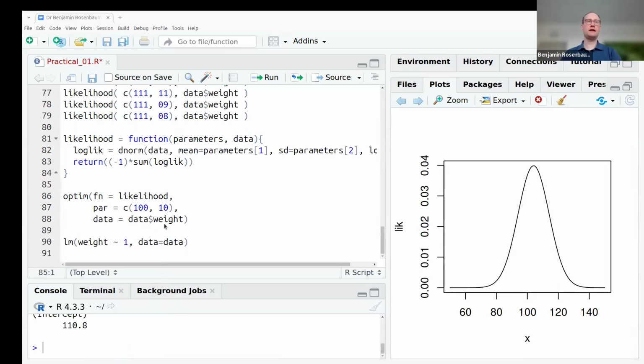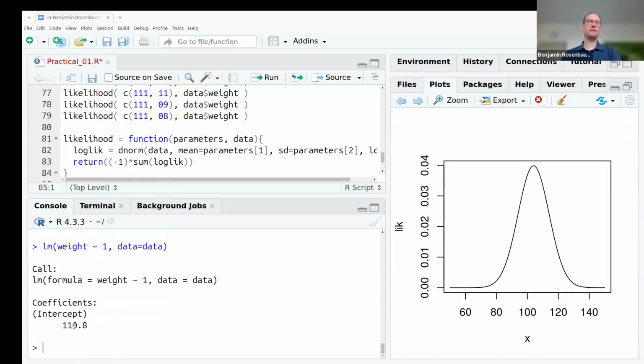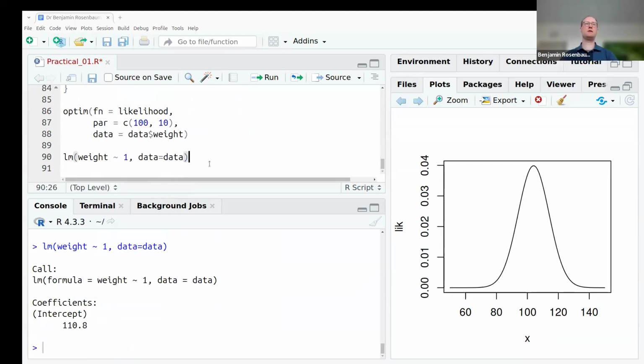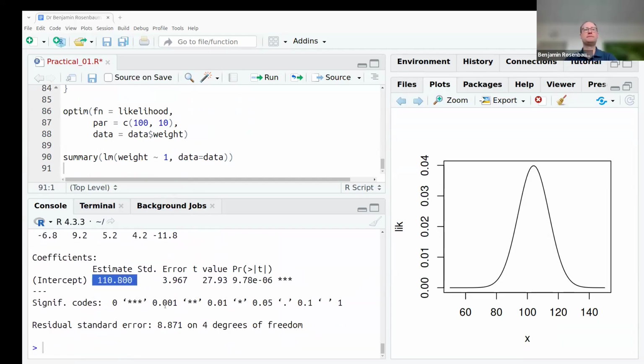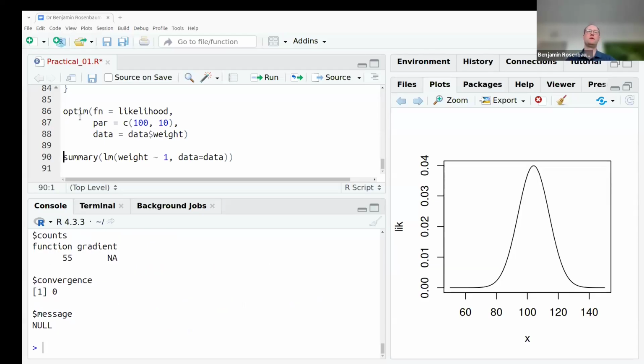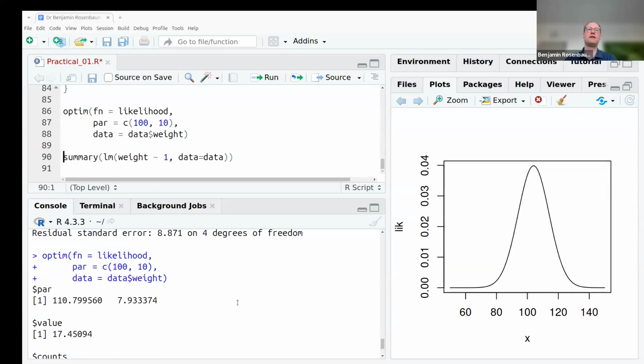And here the results. Okay, here we just get the intercept, but if we look at the summary, we should get also the standard deviation. So this is the estimate for the intercept and the residual standard error. This is the sigma, and we estimated both of them here with this other algorithm.